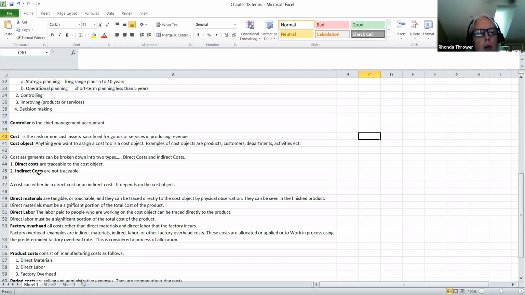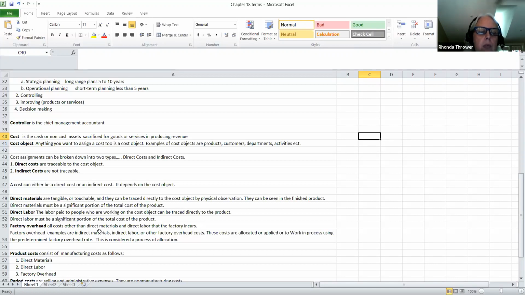The indirect costs are costs that we can't specifically trace to the product itself. And the best definition of factory overhead cost is all costs other than direct materials and direct labor.